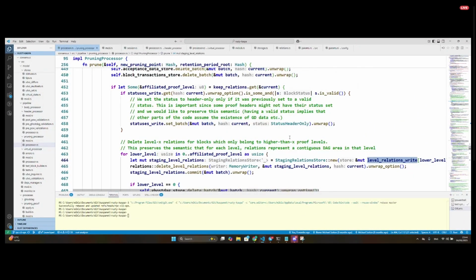I need to know who his children are because I need to update them and remove that block from their parent list. So in order to do that efficiently, I must keep the children of each block. So when I delete it, I know who to update. That's the main reason. I don't think we use children in actual processing. But after you're done deleting the parent, you also remove the entry in that store. Yeah. Exactly.